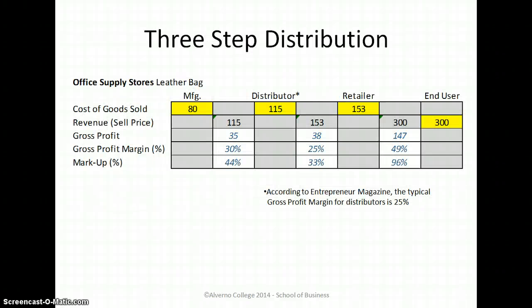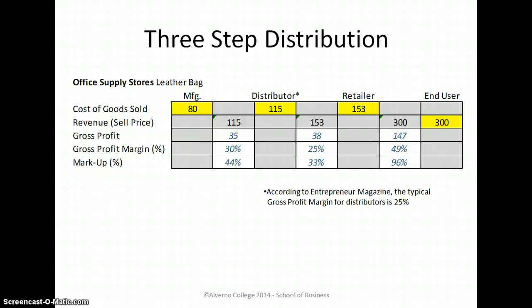Now there are still some three-step distribution models out there. An example is office supply stores. And Entrepreneur magazine claims that the typical gross profit margin for distributors is 25%. So let's use that instead of the 23 or 24 from the previous slide. So again, the end user, $300 is what they're paying for the bag in this office supply store.